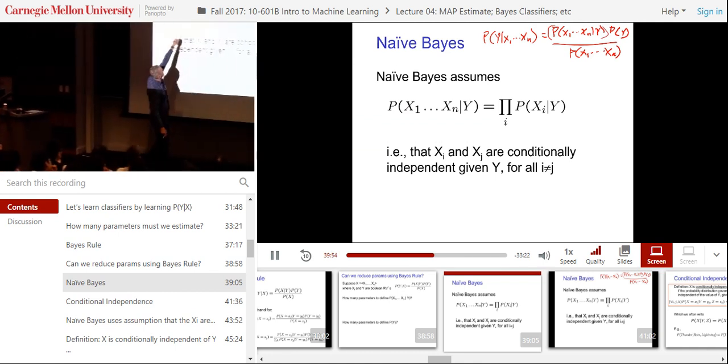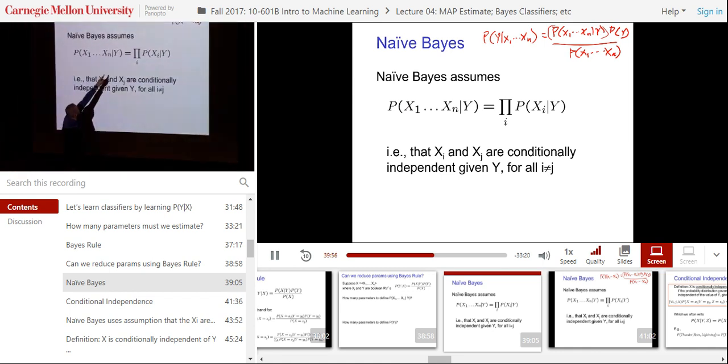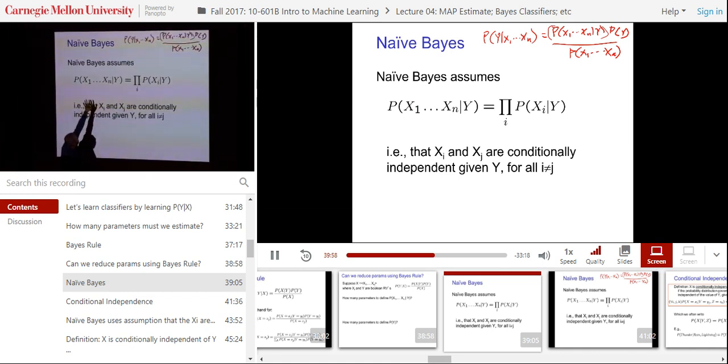We're going to assume that for any given value of y, the probability of x1 through xn taking on their values is just the product of their individual probabilities.